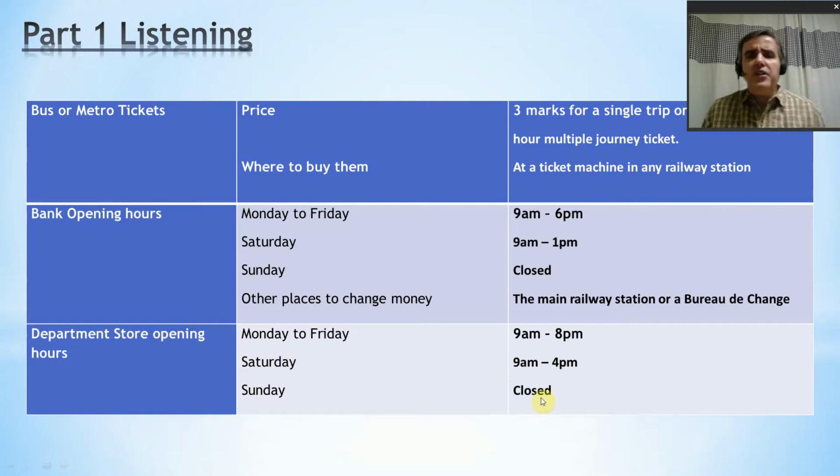Now, as I mentioned last week, every country, every city has different opening times. So Korea is very, very different from the UK. In Korea, shops don't usually open till maybe 10 or 11 a.m., but they can stay open to 10 p.m. sometimes.